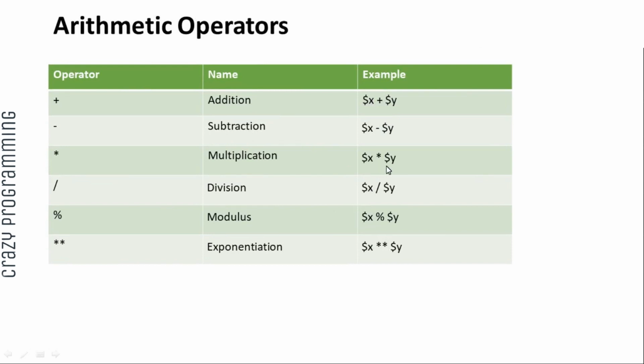Asterisk means multiply, and for division I use x divided by y, and in modulus I use x and the percentage sign, that is called modulus, and y, and the last one is x, the exponentiation sign, that is double asterisk, and y. We are going to do everything in the practical section in the upcoming videos.